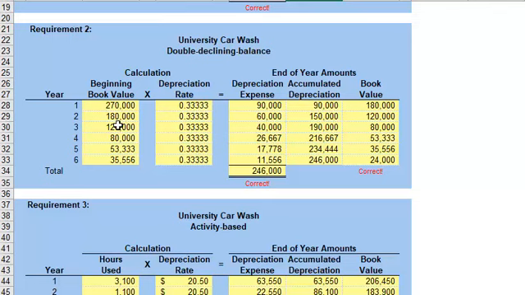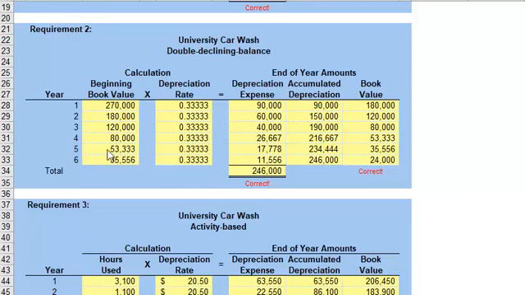That number is going to travel down here and be our beginning book value multiplied by our rate to get us $60,000. Now the accumulated depreciation is $90,000 plus $60,000 for $150,000. This makes our new book value $270 less $150 or $180 less $60.